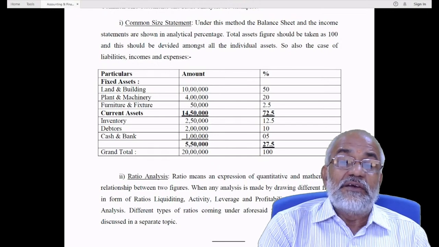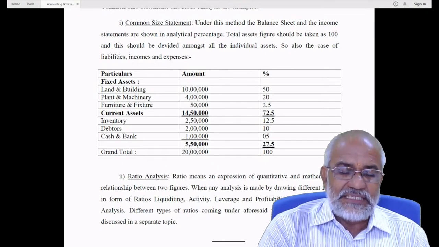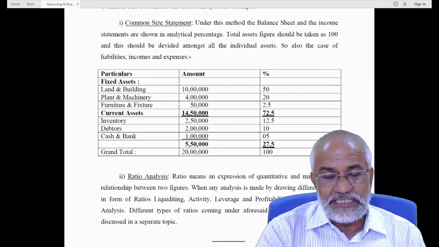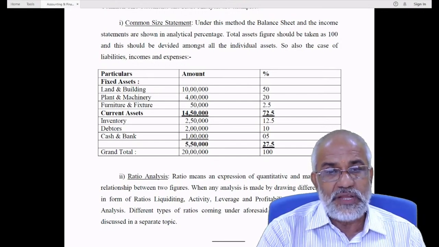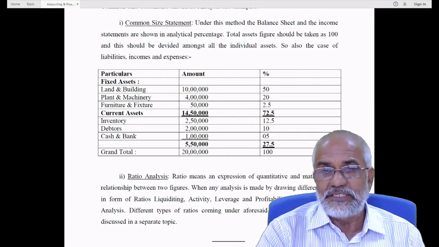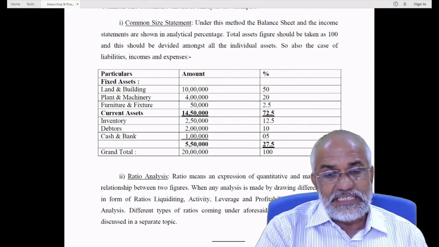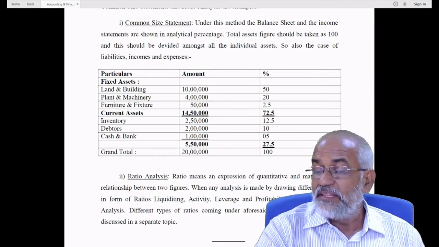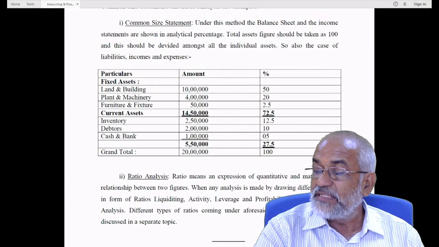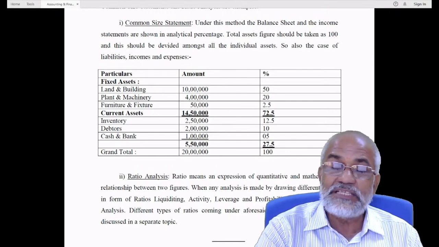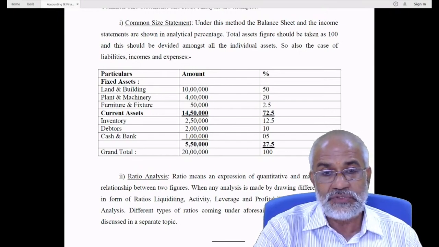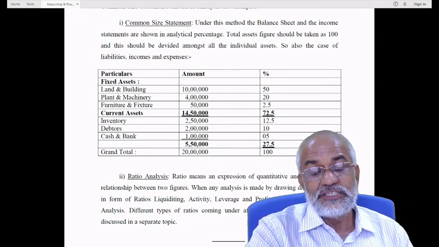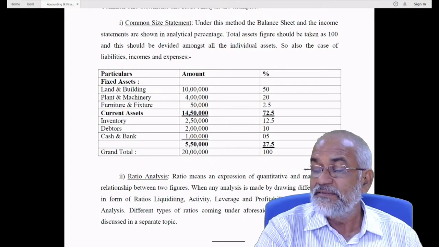So when the ratio analysis is considered on the basis of traditional classification, these three components are coming: the income statement ratio, the balance sheet ratio, and the combined ratio. The ratio analysis may also be done on the basis of modern classification, which consists of four categories or four groups of ratios. One is liquidity ratio, which speaks about the short-term solvency of the organization.